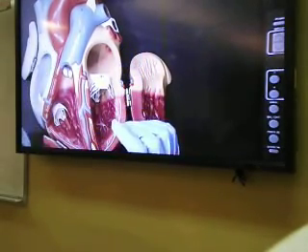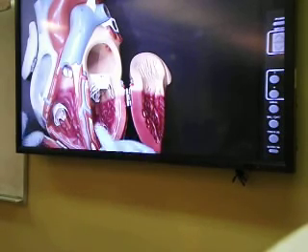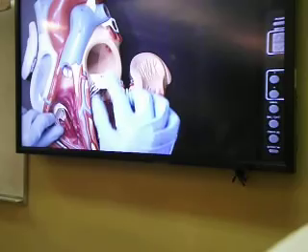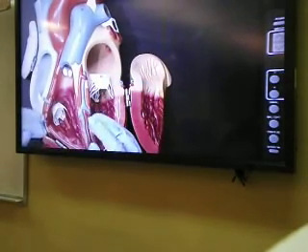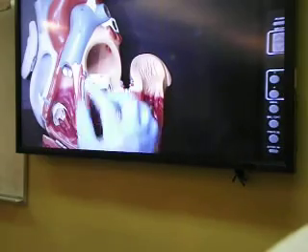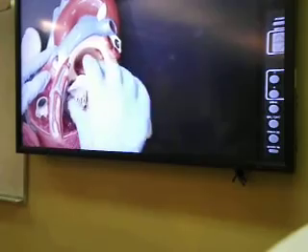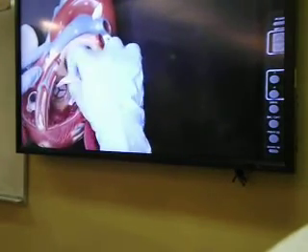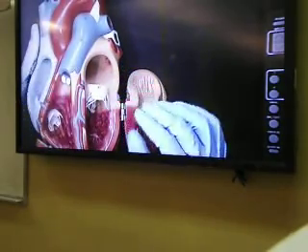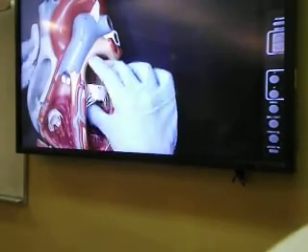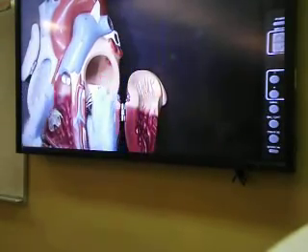So usually when we hear our heart sound "lub-dub", the "lub" is when our tricuspid and bicuspid valves are closing, and the "dub" is when the pulmonary semilunar valve and the aortic semilunar valve are closing. So the pulmonary semilunar valve and aortic semilunar valve will close when you are filling up the ventricle.